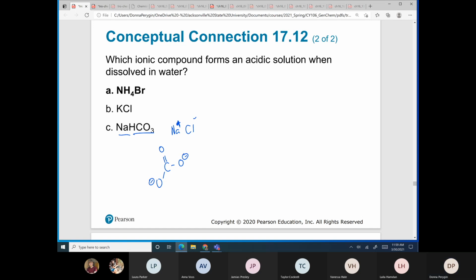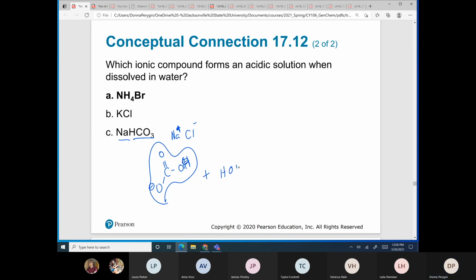So if you put the carbonate ion in solution, it can actually form a basic solution because it will pick up a hydrogen from water and increase the hydroxide ion concentration.